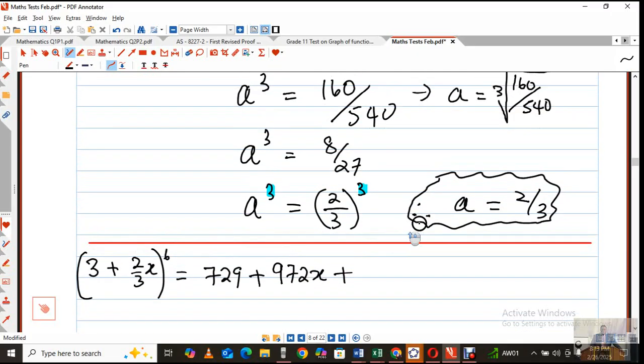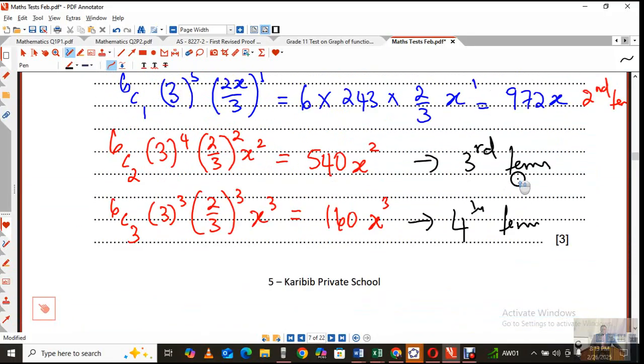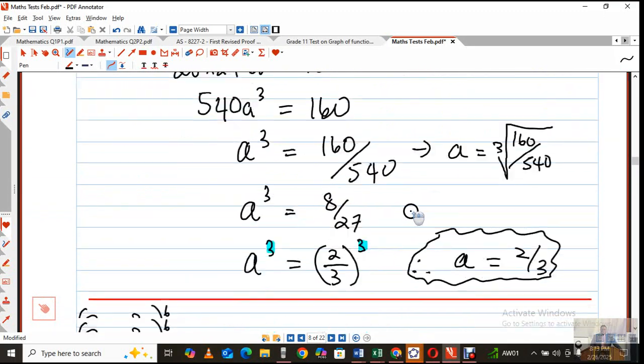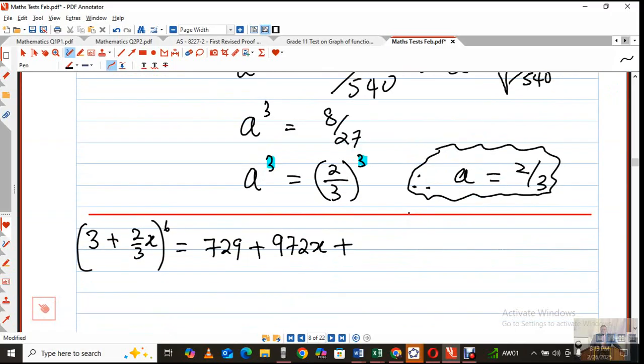So let's go back and just write down our third term that is there. Our third term is 540x squared. So it's going to be 540x squared. Let's just bring in the third one, which is 160x cubed. And so on and so on. Now that I know that, they are asking me to find the coefficient of x cubed in this expansion over here.